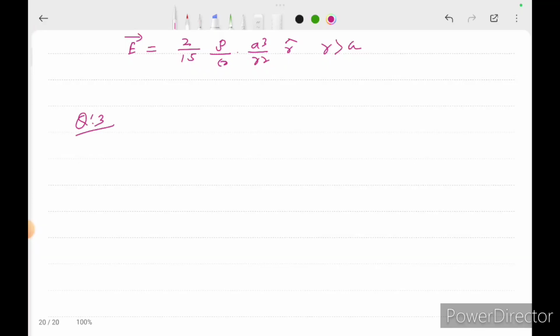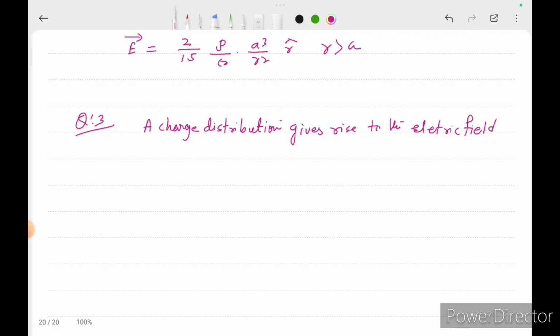A charge distribution gives rise to the electric field E vector equals C times (1 minus e to the power minus alpha r) r-hat upon r squared.